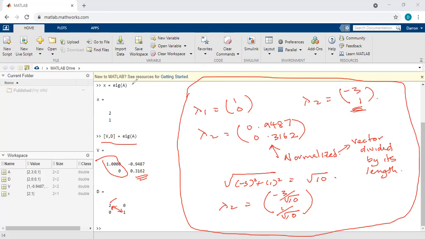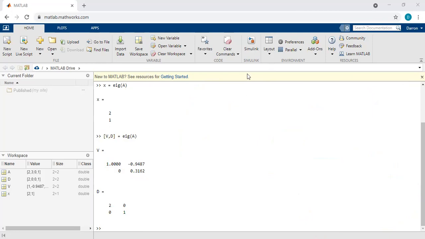All right. So we could go back. If I wanted to find, for example, clear the screen. So now if I had a circuit or whatever it is, and I wanted to find the eigenvectors and eigenvalues.